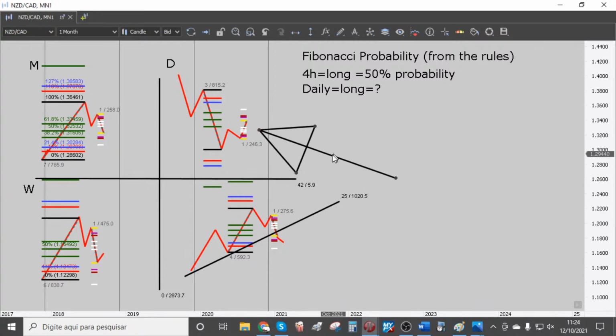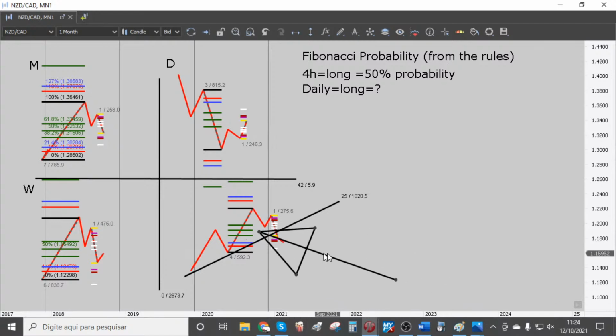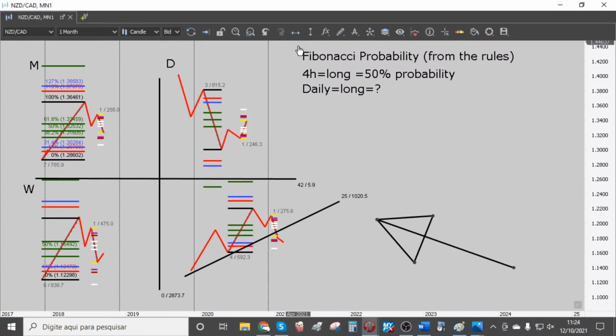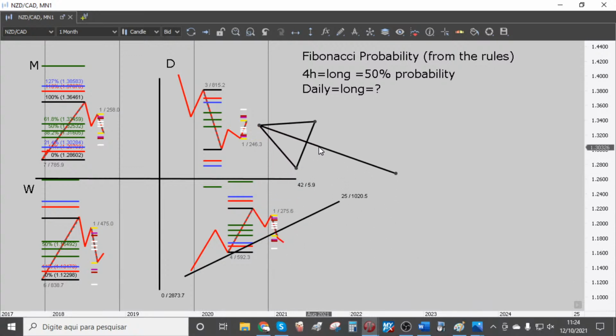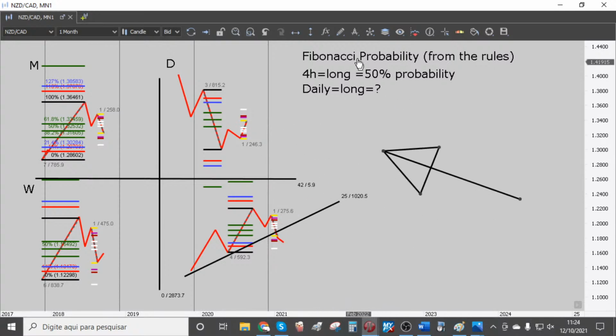Yes? Yes, okay. You want to trade from the 4-hour chart, yes? Because the 4-hour chart is smaller and you have a short-term downtrend, most likely a retracement, you are not going to see this on the daily, agreed?